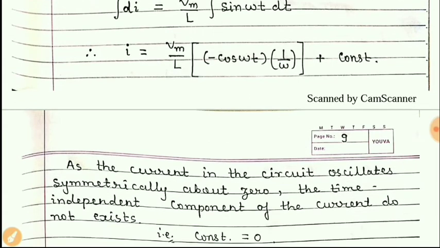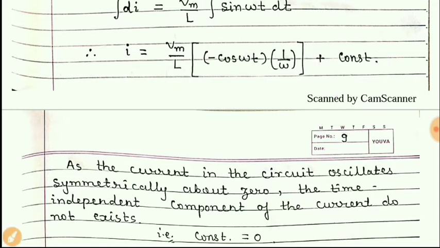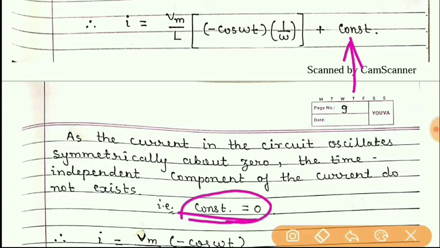So now we obtain this equation, and there is a constant in an integration. If we do not write this constant, then also it's okay. But here I have written this because in textbook it is given. But actually the value of this constant comes out to be 0.